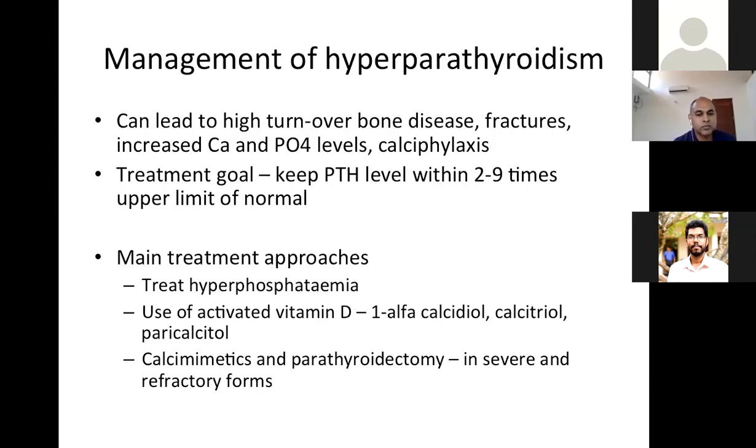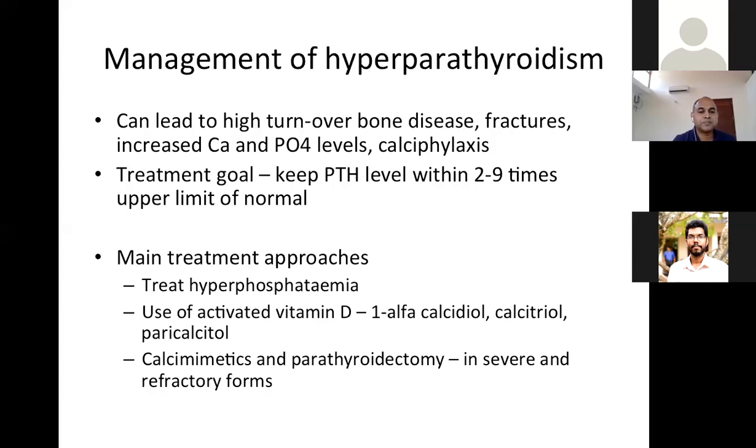So you have to optimize the serum calcium level and the vitamin D level, and you have to use activated forms of vitamin D, because the 1-alpha hydroxylation of vitamin D doesn't happen in CKD, as you know. So you have to use 1-alpha calcidiol or calcitriol preparations for these patients.